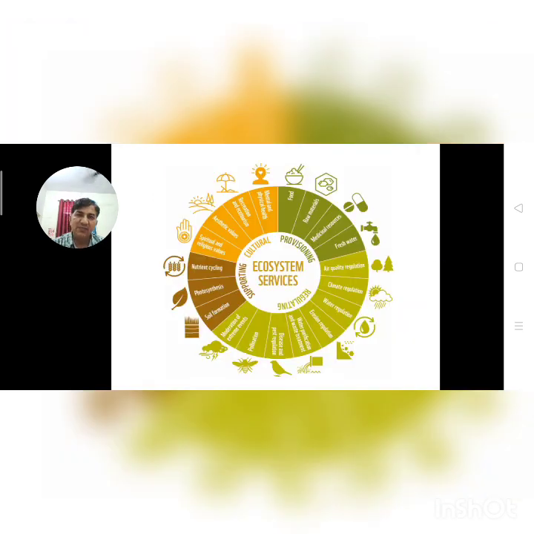If we go into detail, then apart from cultural and provisioning services, this figure clearly shows that there is a web. A human is encircled by nature all around, and this ecosystem is sustaining life.